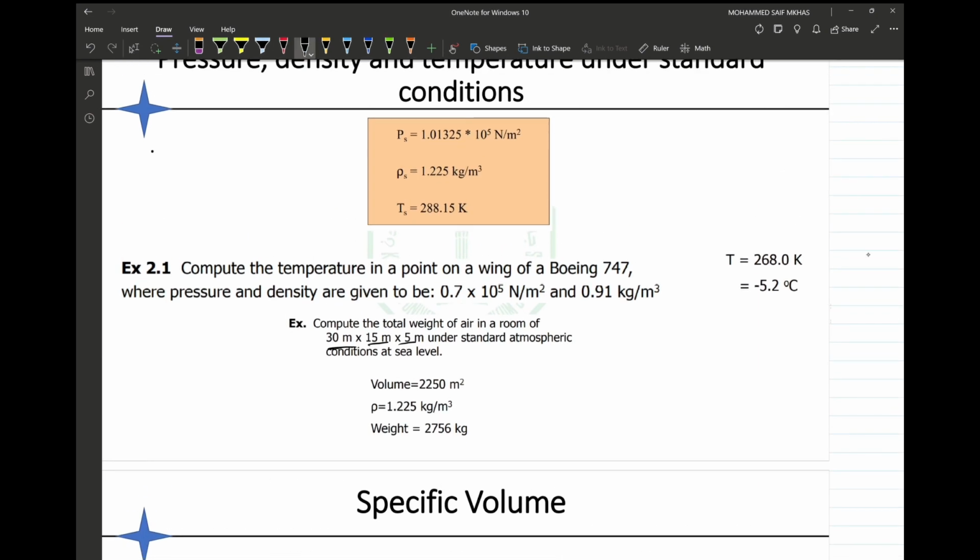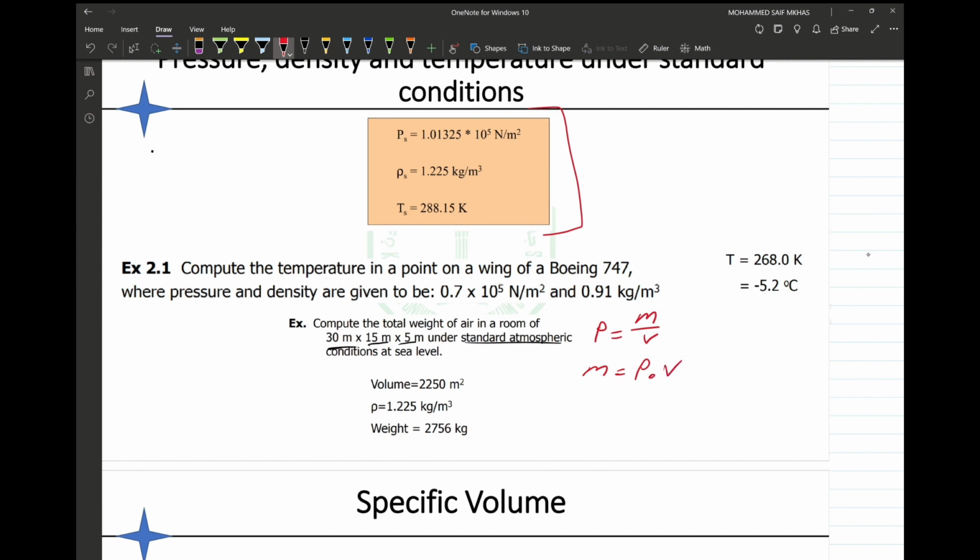So he mentioned the standard atmospheric conditions, so these conditions are applied. Okay, first, density equals mass over volume, and thus mass equals density multiplied by volume.